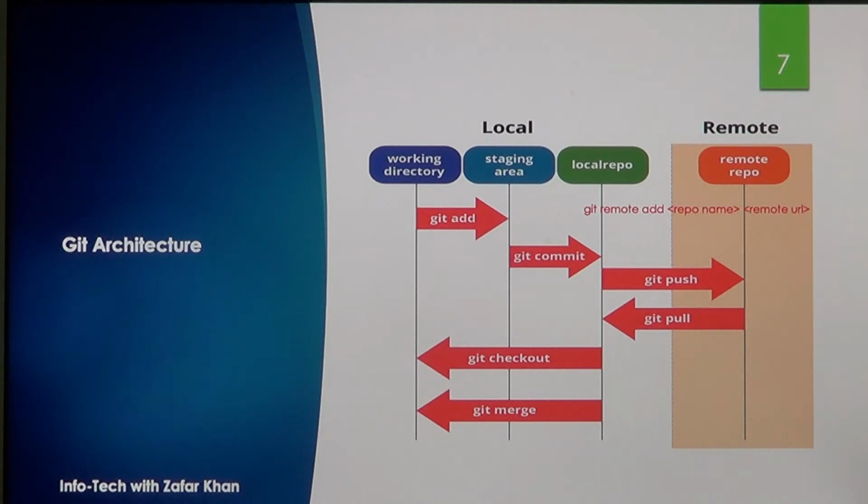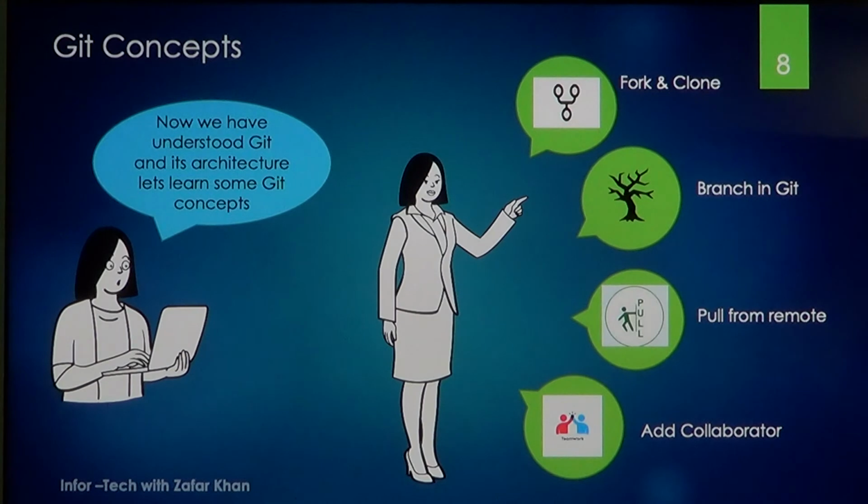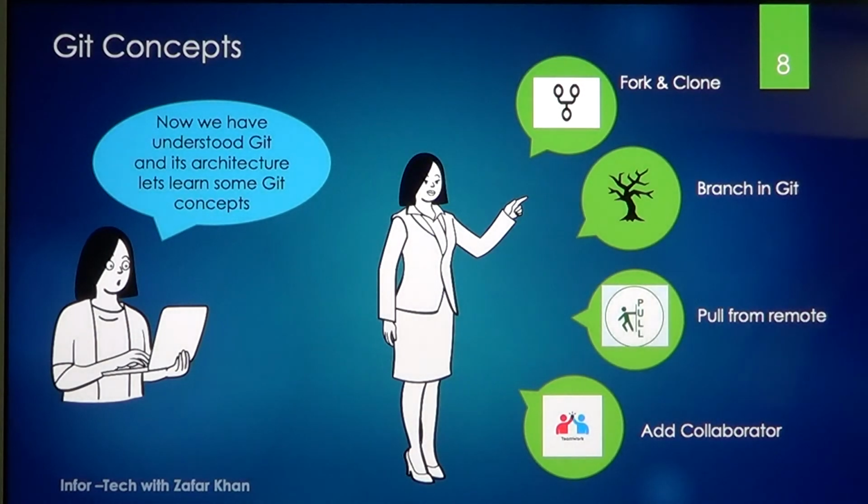Okay, so we basically understood Git and its architecture. So let's learn some Git concepts. Here, among the Git concepts, we first understand fork and clone. So forking is a concept, while cloning is a process.